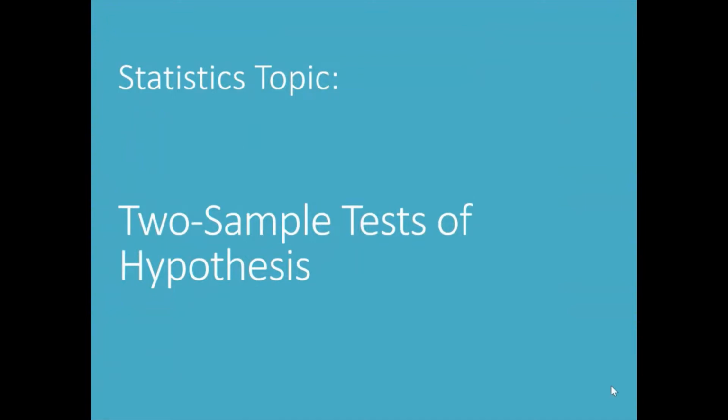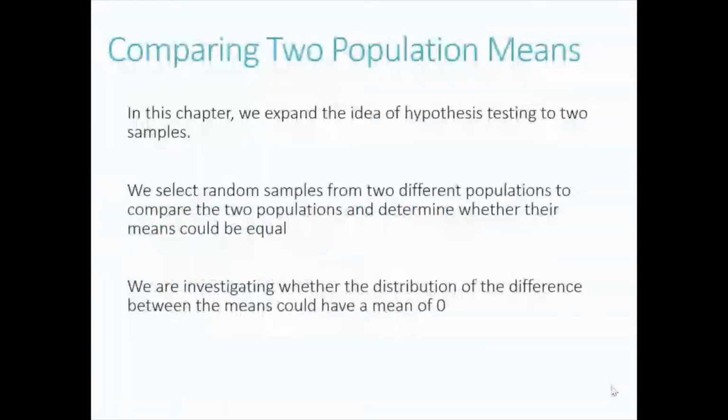Welcome, everybody, to the statistics topic session, two sample tests of hypotheses. In this session, we are going to expand from the previous chapter in which we were doing one sample tests to two sample tests.